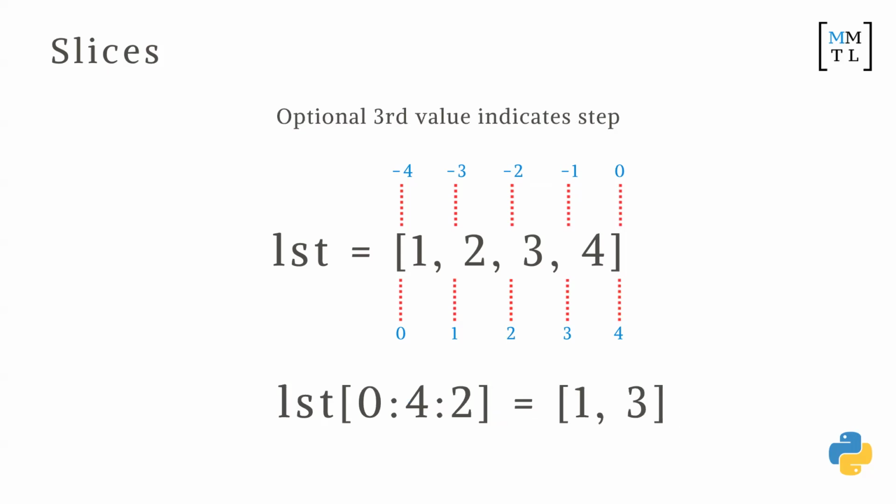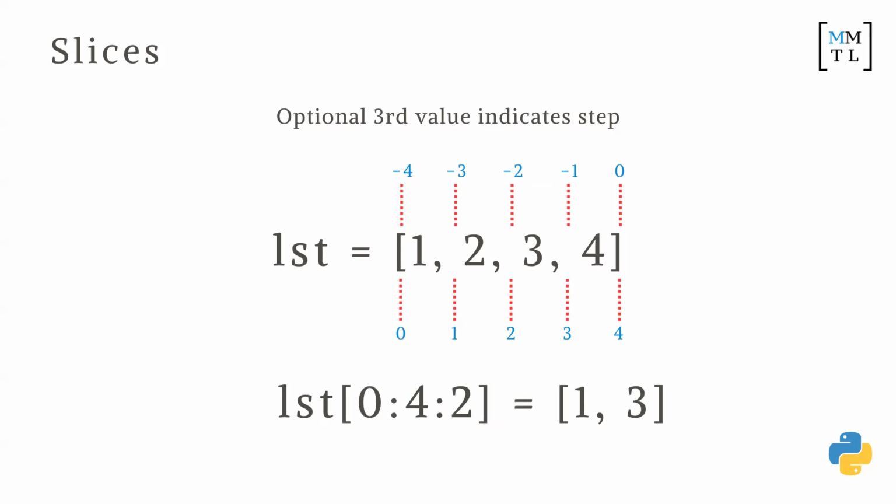All right, and then you have an optional third value, which also means that you can indicate what step you want. Okay, so say we have 0 to 4, meaning we want the whole list, but we have a third value there, which is 2, which means that we'll skip a step. So for example, if we have 3 here, then it will skip 3 values to 4.